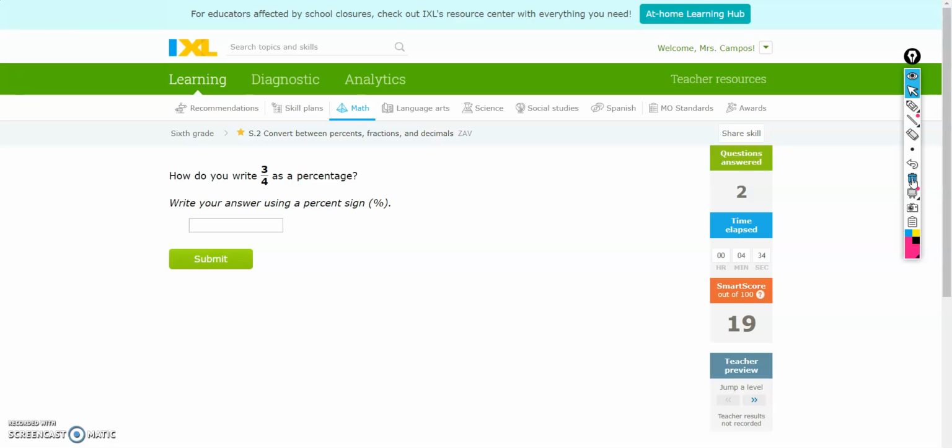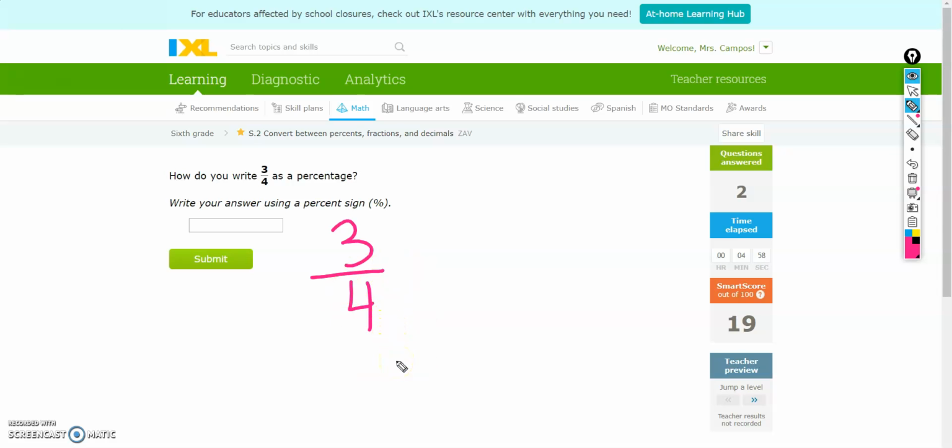Three-fourths as a percentage. Okay, so when we have a fraction, there's several things you can think about, and I don't want to confuse you by giving you too much. So you may want to write down some of these as notes. But if you think about fourths, fourth is when there's a 4 on the bottom of the fraction.